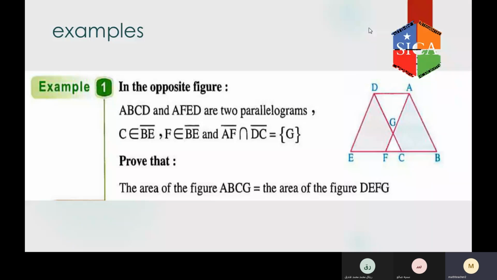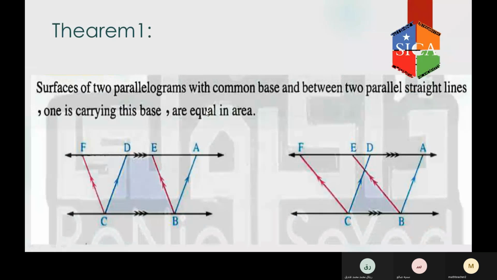AD is a common base. We have two conditions in our theorem. The previous theorem, we have two conditions. The first condition is the two parallelograms have a common base, and the other condition, between two parallel straight lines. This is one, and the other one. There we have two conditions: common base and between two parallel straight lines.